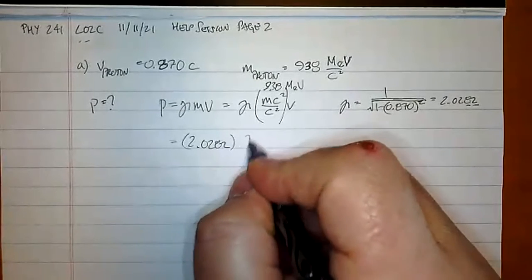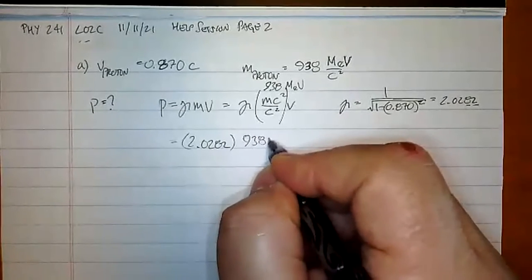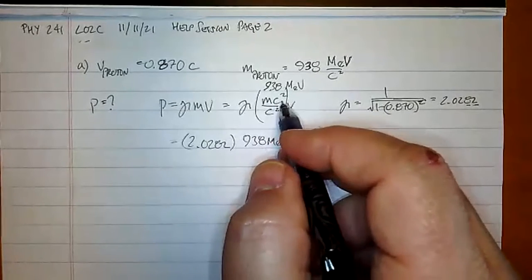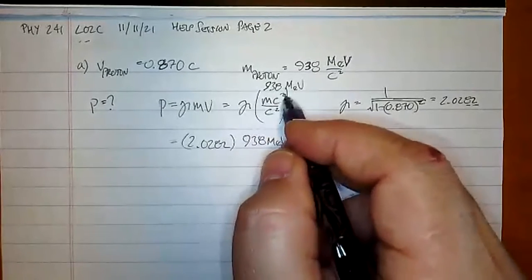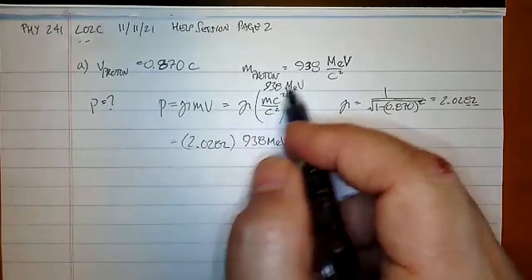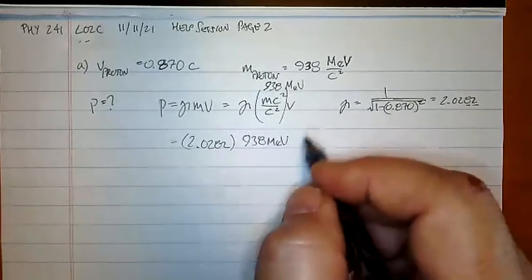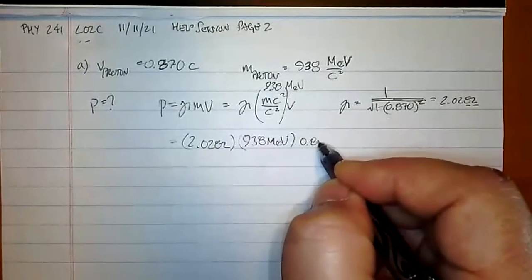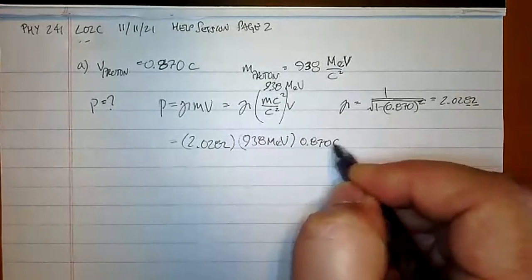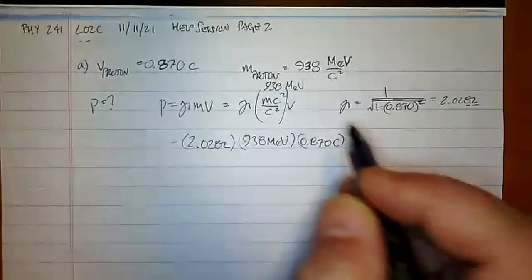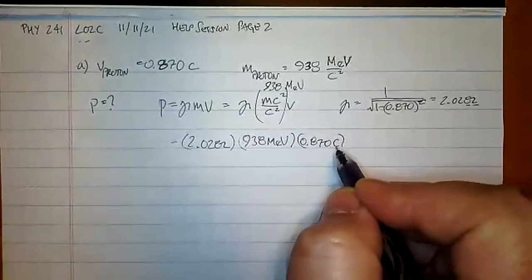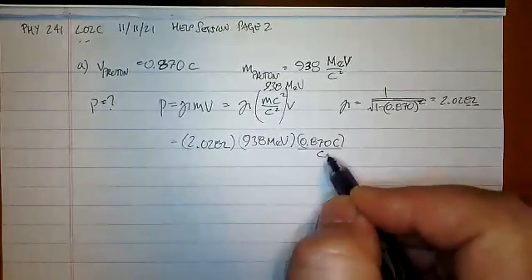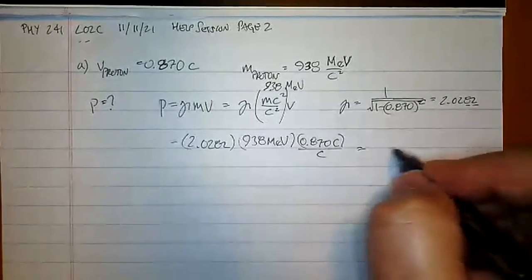You're going to put in 938 MeV per C squared. That's the 938 MeV. That's the per C squared. So that's everything right there. Now you're going to say V is 0.870 times C, but you're going to divide that by C as well, because you're going to want the units to come out in MeV per C.